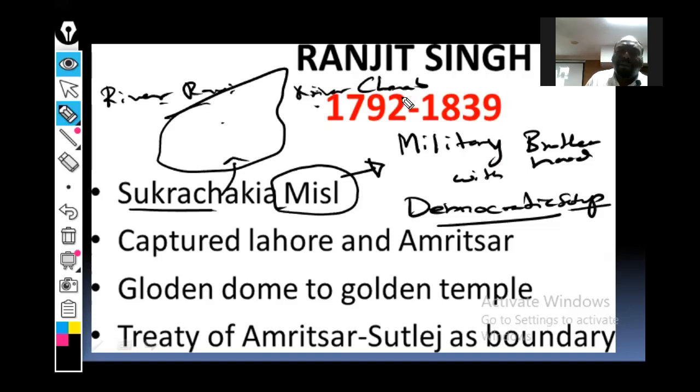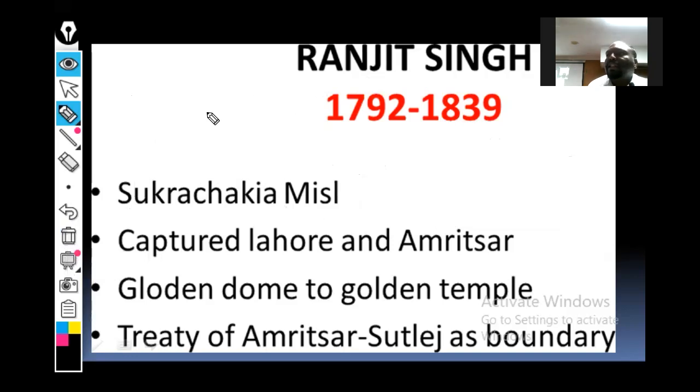Ranjit was not of great, handsome or very nice-looking stature. He was of short stature. But one problem he had: he was never schooled. He never went to school, and he did not know properly how to read and write.